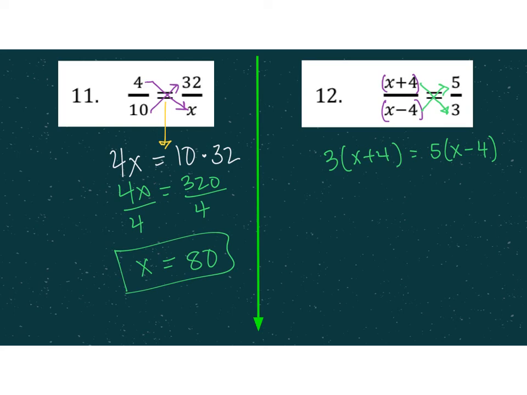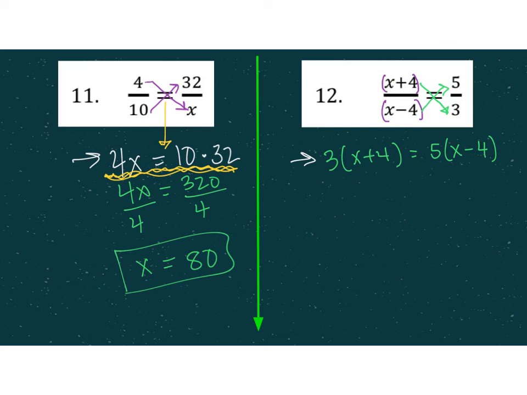So now I have two sets of distribution that I have to take care of. Notice, by the way, when you do the cross multiplying, your fraction or your proportion ended up being one line of an equation. You got rid of the fraction bars there, and that's kind of the goal. We need to get rid of the fraction bars if we're going to continue to solve this.